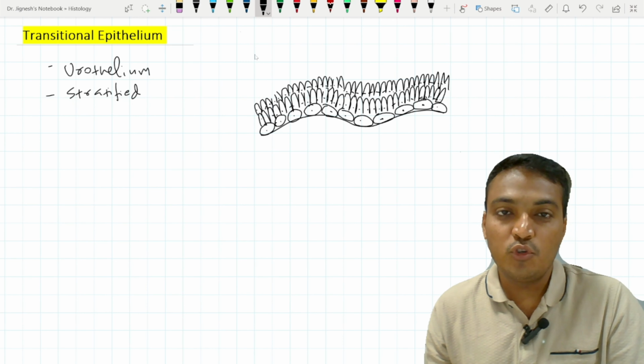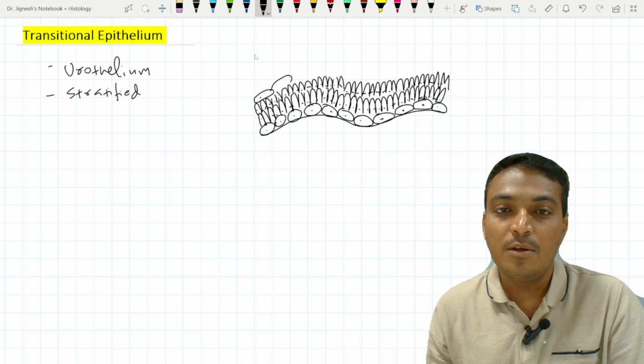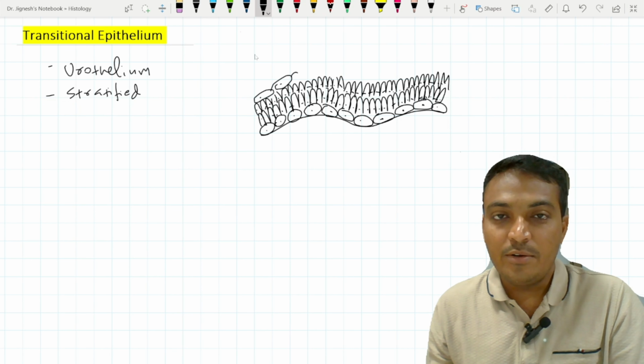The superficial most layer is the most identifying, and it is a dome shaped cell layer, which is a characteristic type of cell present in the urothelium.